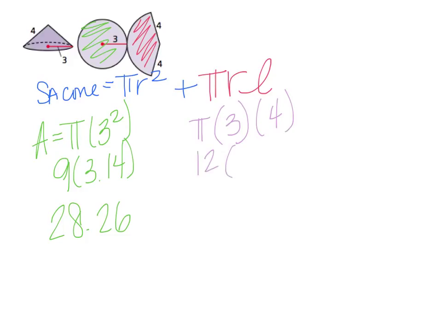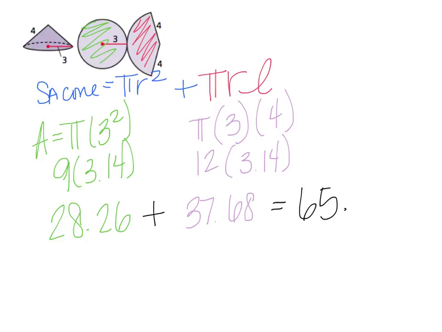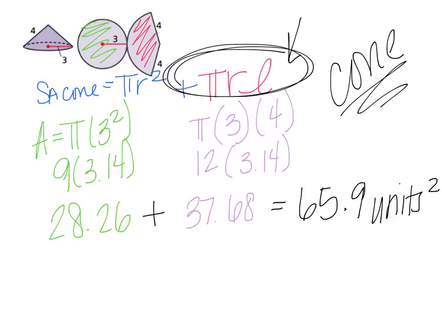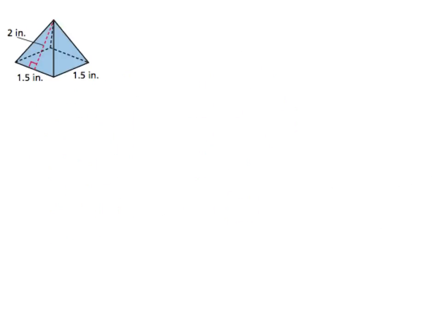So I get 12 times 3.14, which is 37.68. And now all I have to do is add these two, and you get 65.9 units squared. So this is the part that's new, so make sure you have that in your notes and that this goes with a cone.